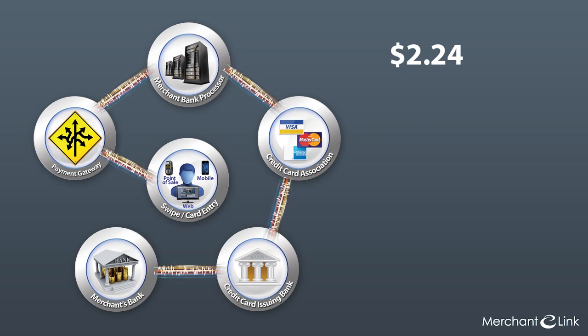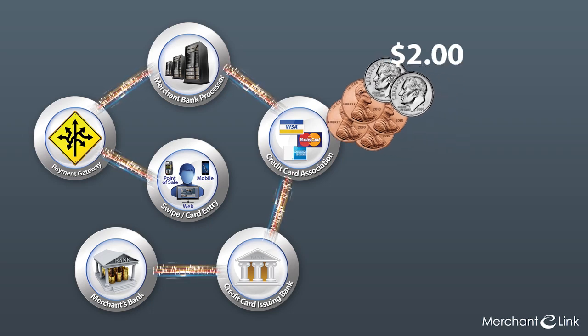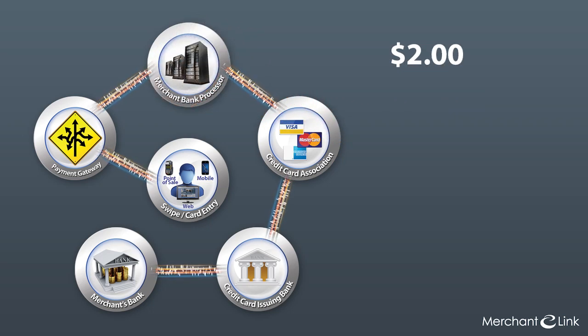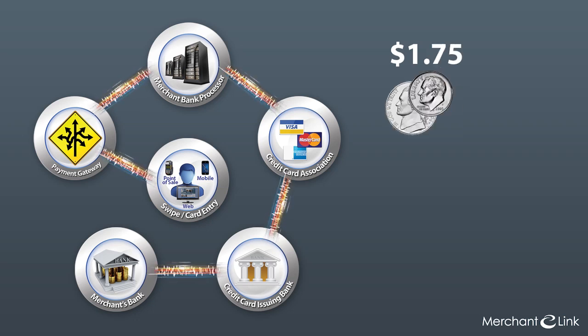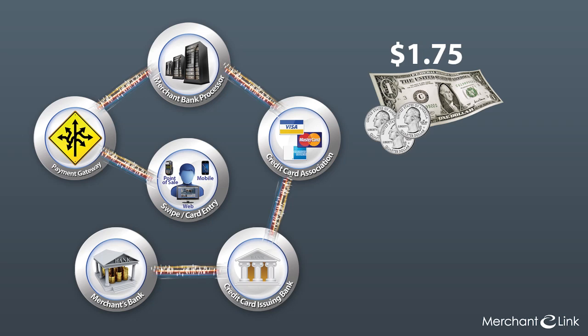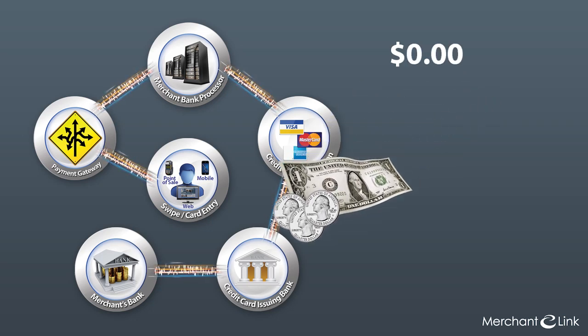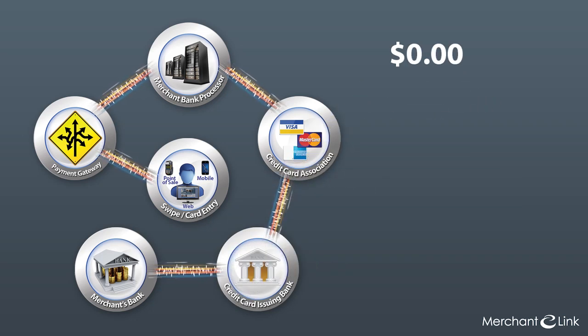The processor receives 24 cents for processing costs, and the acquiring bank receives 10 cents of the discount rate for managing the relationship with the card networks. This leaves $1.90 left to distribute amongst the remaining players. The card association receives 15 cents, and the remaining $1.75 is distributed to the issuing bank as interchange.